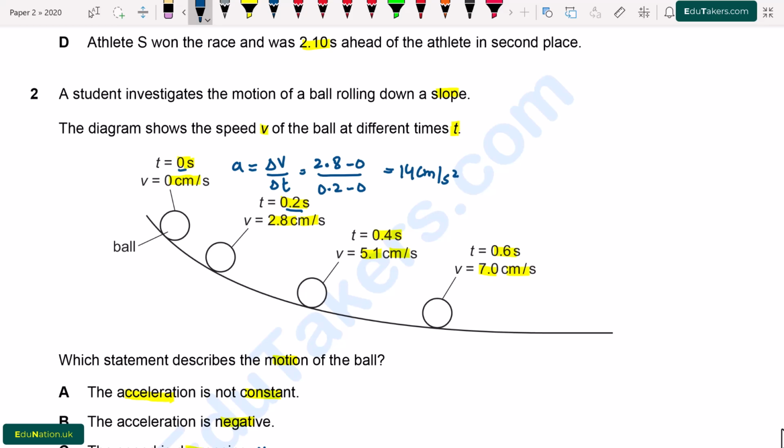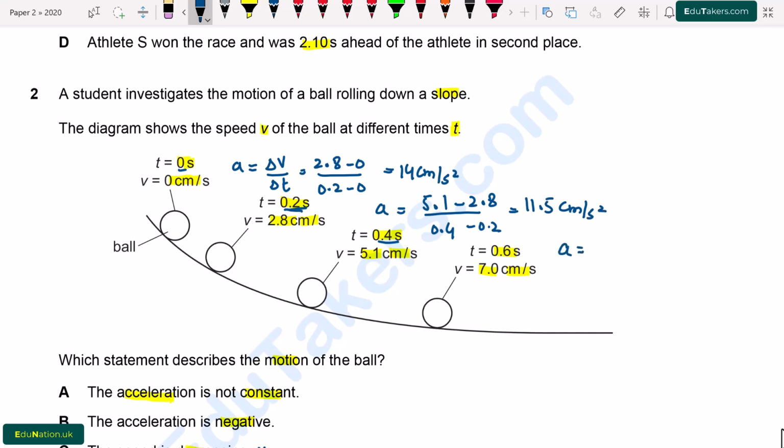Now I consider t equal to 0.2 second and t equal to 0.4 second. So the acceleration will be equal to 5.1 minus 2.8 divided by 0.4 minus 0.2. So acceleration will be equal to 11.5 centimeter per second square.